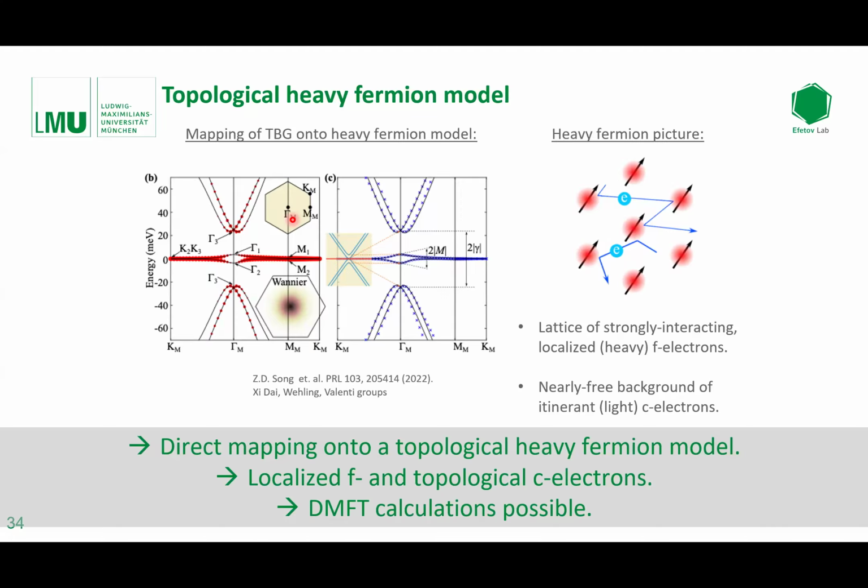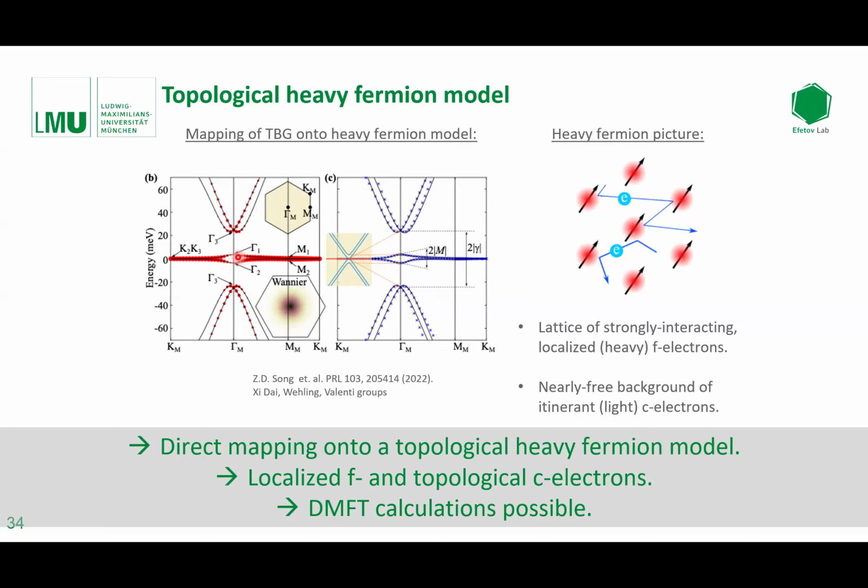In the Bistritzer-MacDonald model, you can already see that different band regions have different Fermi velocities and different flatness of the bands. In particular, at the gamma point you have some curvature in the bands, so the bands are not as flat as one would wish.